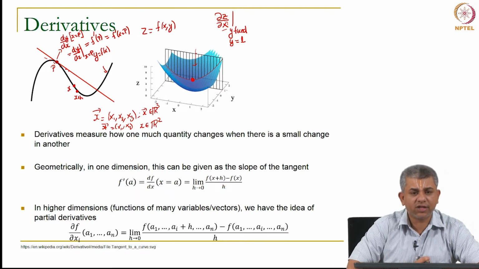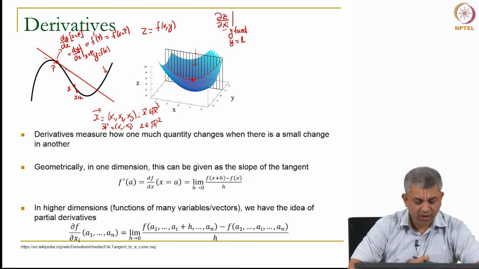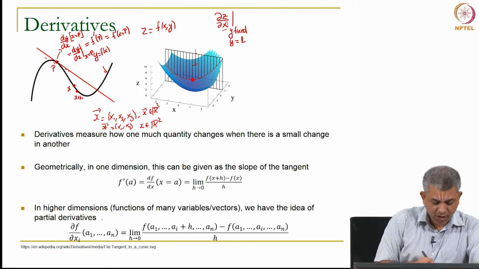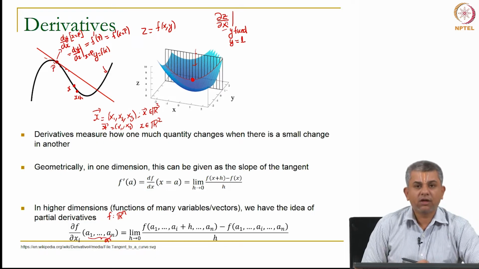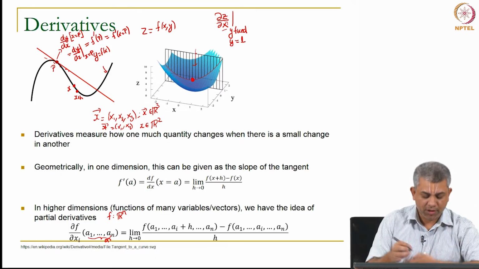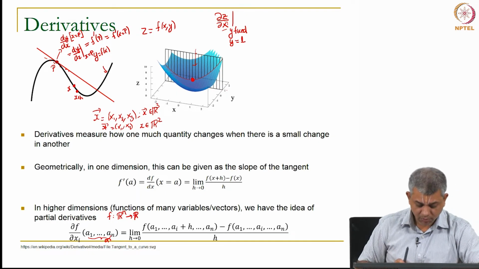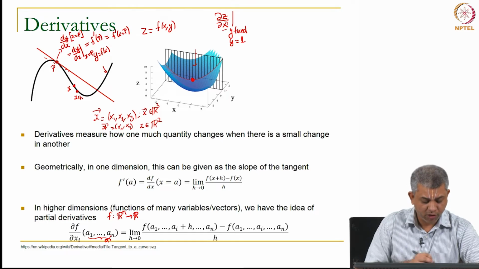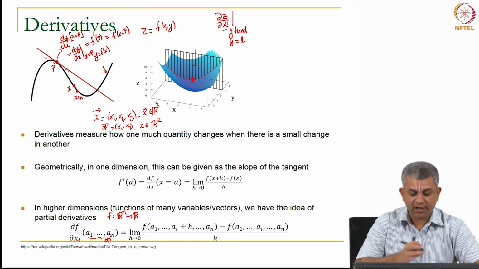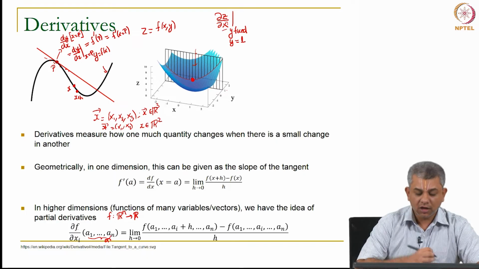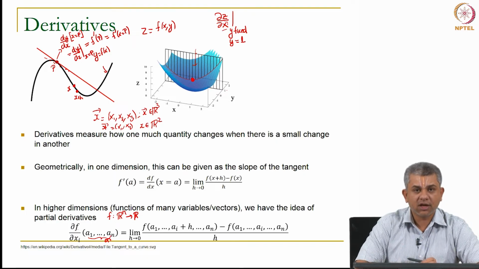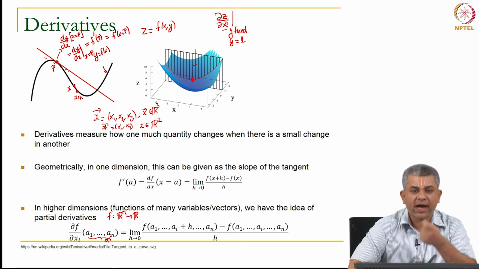A generalization of this idea is with n variables. Okay. So, here f is a function that takes in a vector, in this case the vector is a, which is in R n, which has n components, and it gives back a single scalar. And if you want to find out del f del x i, just like in this case I wanted the derivative with respect to x, then all you do is you change only that variable.